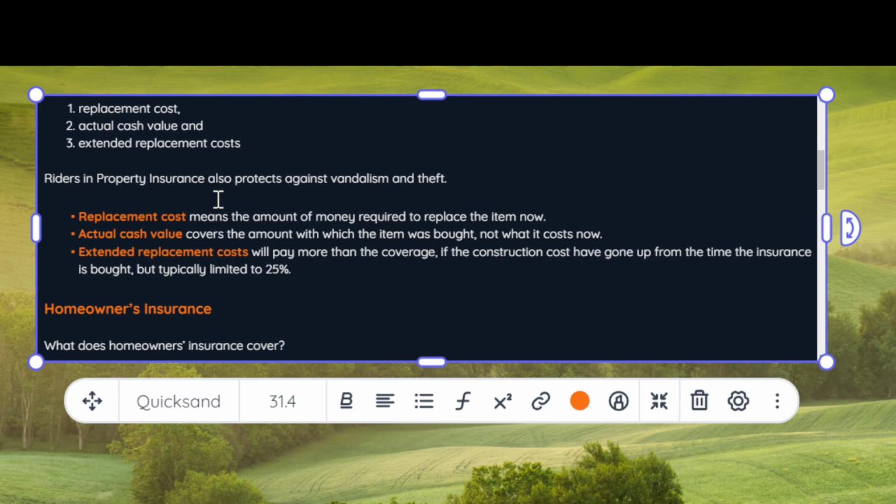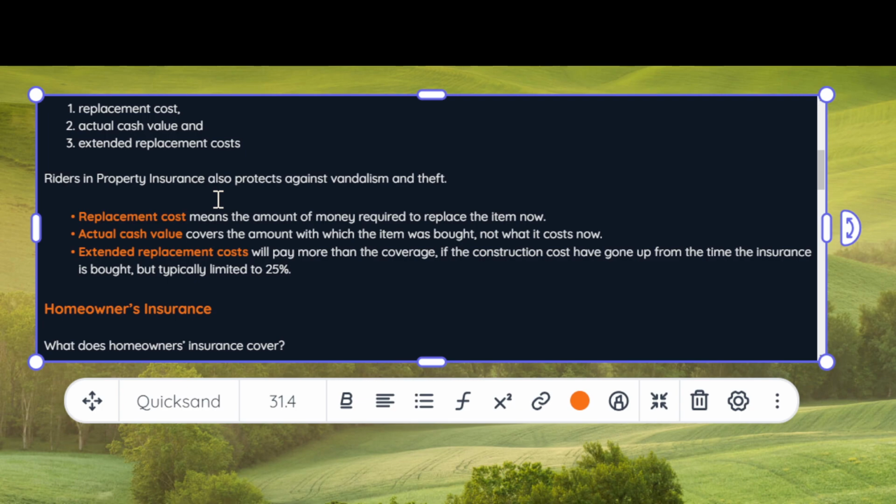So if your policy covers actual cash value, in that case, you will get the coverage based on the actual cost at which the AC was bought, right? So that is the main difference between replacement cost coverage versus actual cash value coverage.